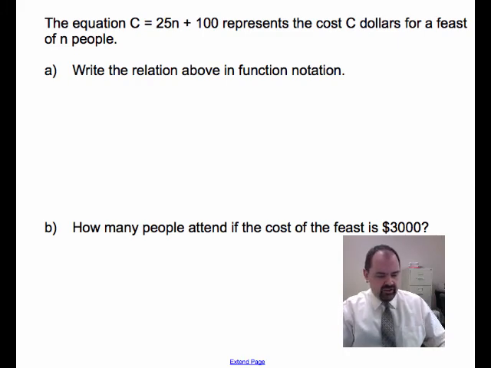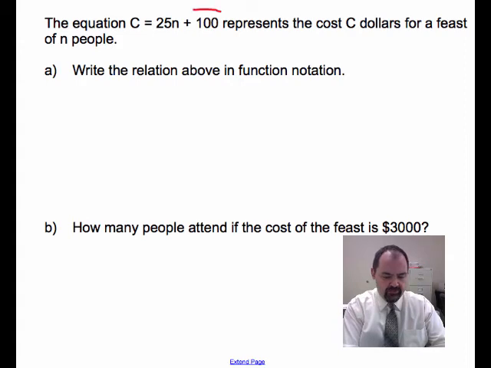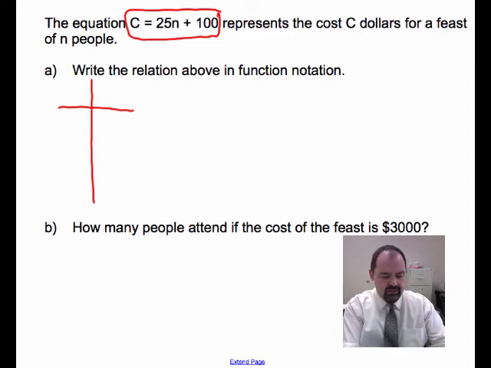Alright, we have an equation here that relates the cost of providing a feast for n people by this equation. So just to get a sense of what's going on here, let's just do a table. And the variable that's isolated is usually the dependent variable, which is the second column. The other variable is the independent.